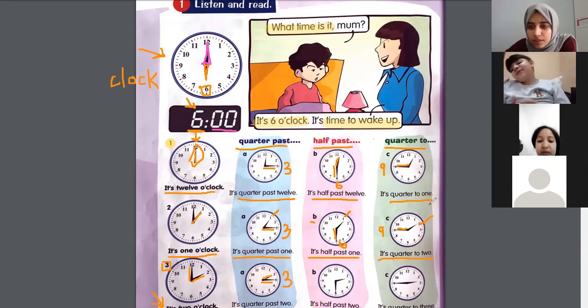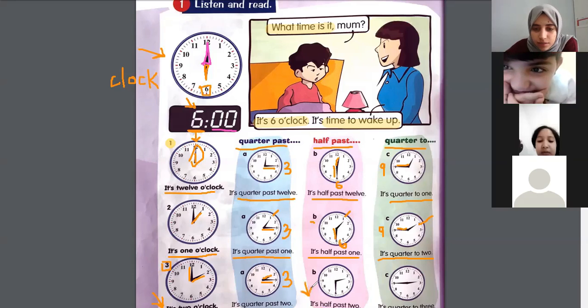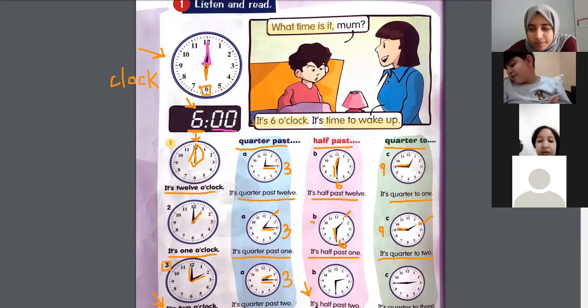Can you read this part? B. It's 2:30. It's half... Raise your voice, Muhammad, so I can hear you.